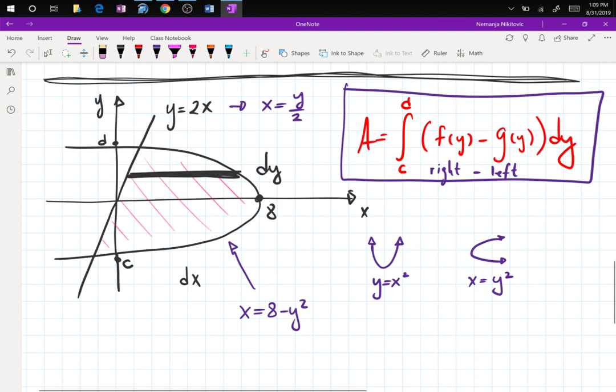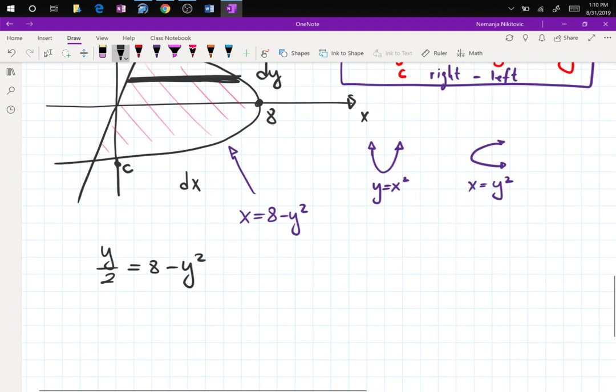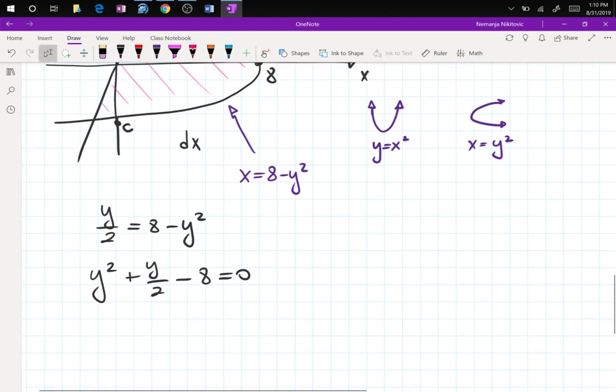And now we can set them equal. Y over 2 is equal to 8 minus y squared. And now y squared plus y over 2 minus 8 equals 0. And now 2y squared plus y minus 16 equals 0.